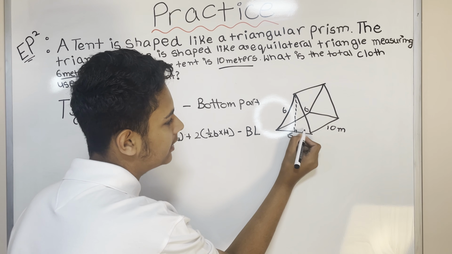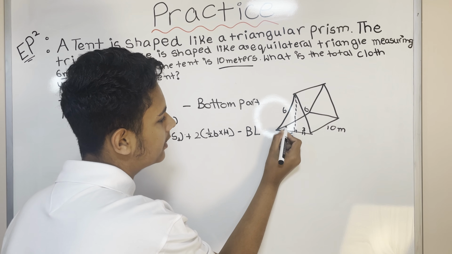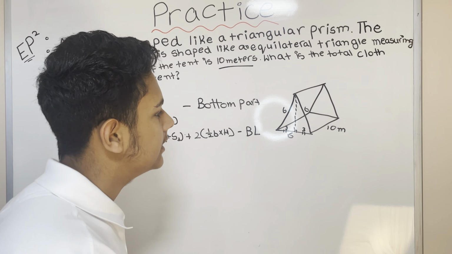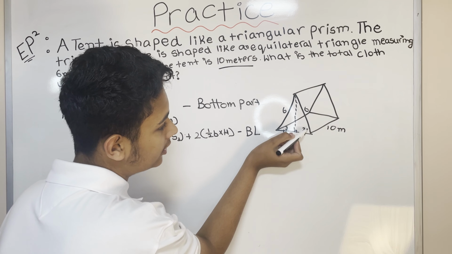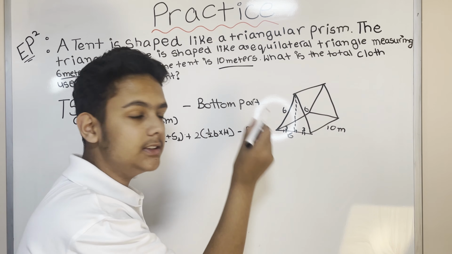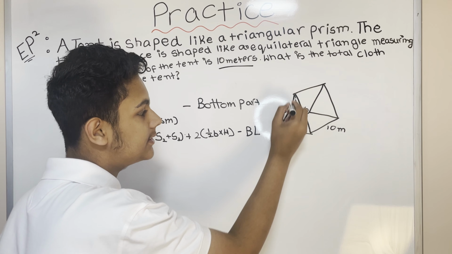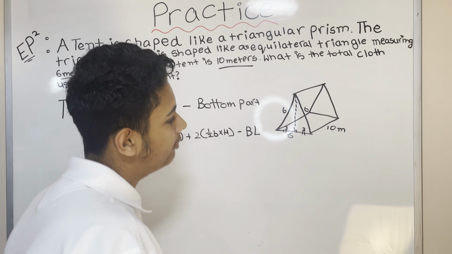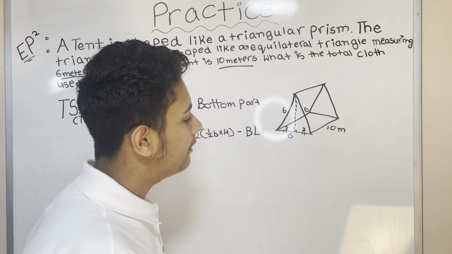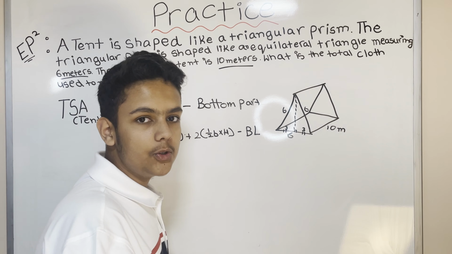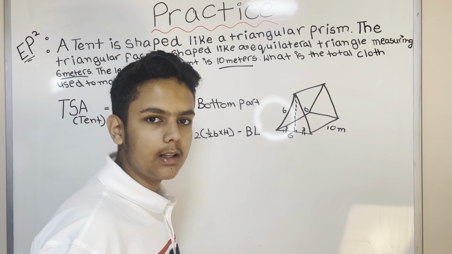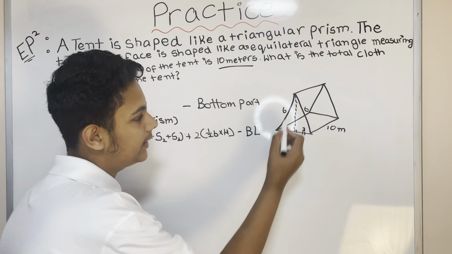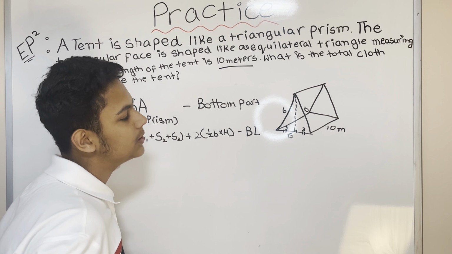So this becomes 3, this becomes 3. Because the height is not this. This is the slant height, this is the hypotenuse. Height is this part, and we don't know that. So we have to use the Pythagorean theorem that we already learned in grade 8 to find the height, and then we can use it in the formula.